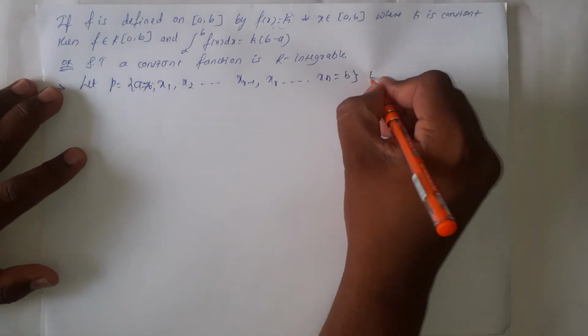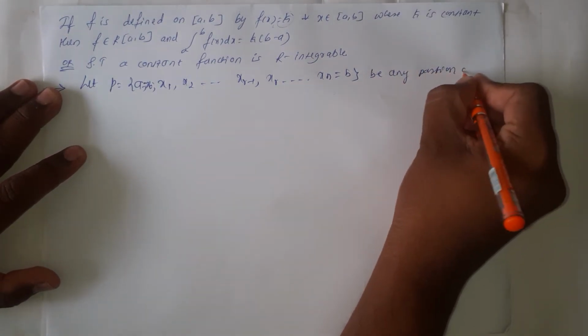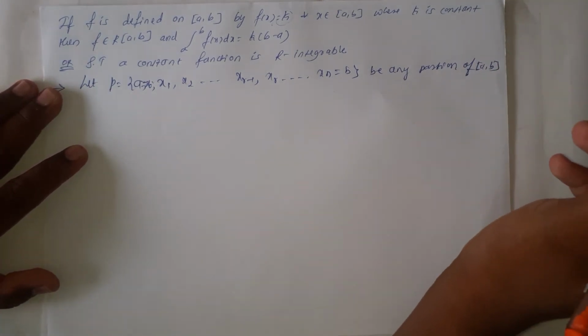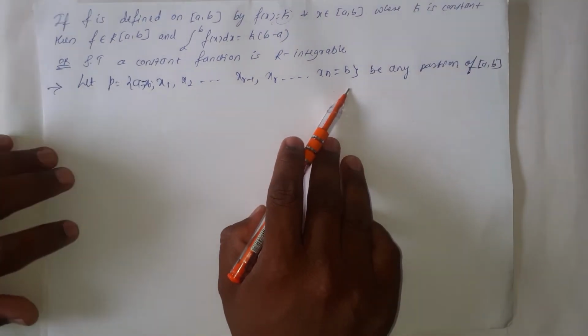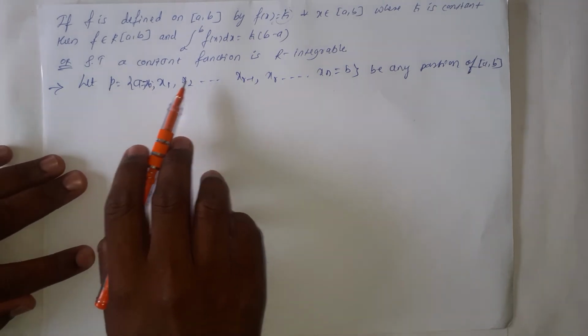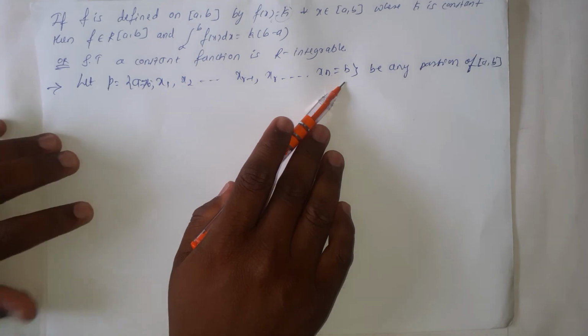So this is the partition, be any partition of the closed interval [a, b]. For the closed interval [a, b], this is the partition considered, that a is equal to x0, that is the first point of the partition, x1, x2, so on up to xn, which is the last point of the partition.